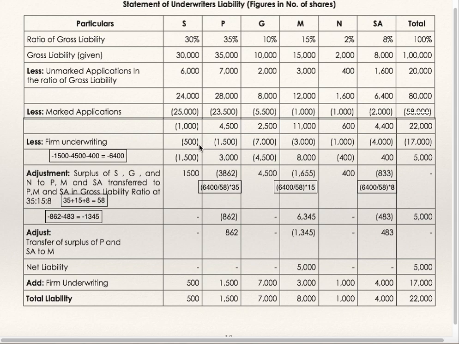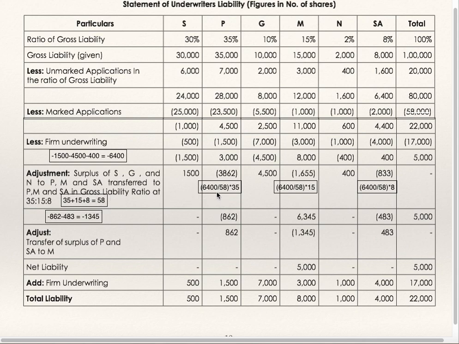Now if you see here, minus 1500, right here plus 1500, minus 4500, right here plus 4500, minus 400 plus 400. So all these three will become 0, plus minus cancels out. And 6400 is to be distributed in the ratio 35 is to 15 is to 8. 35 plus 15 plus 8 is 58.